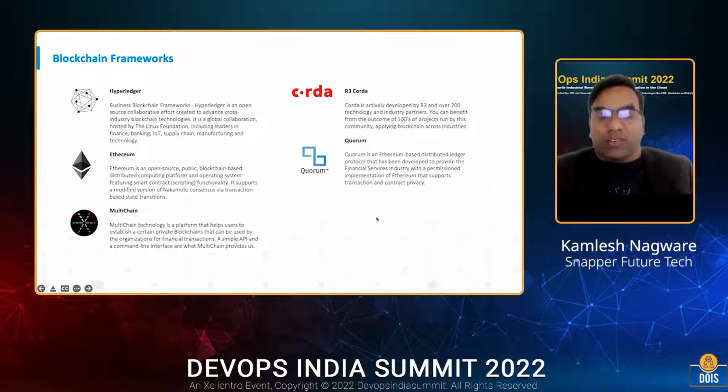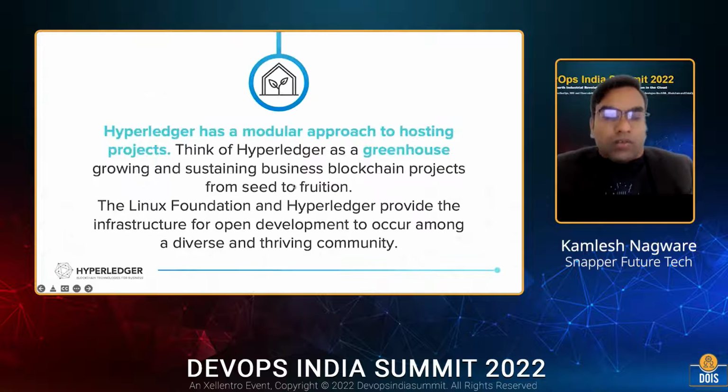Then Quorum, which was started by JP Morgan to address use cases around financial services. And there are many such projects and frameworks like Algorand, Polygon, Neo, Near, and Celo. I think there will be hundreds of blockchains. But our topic is to discuss Hyperledger.